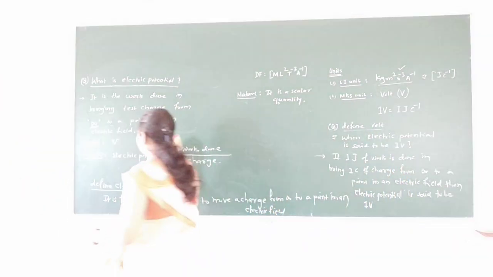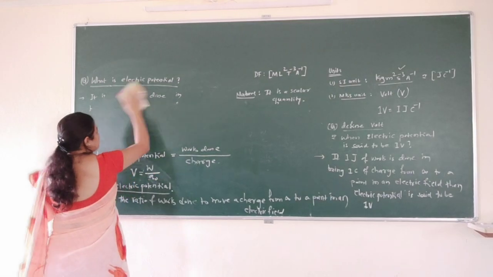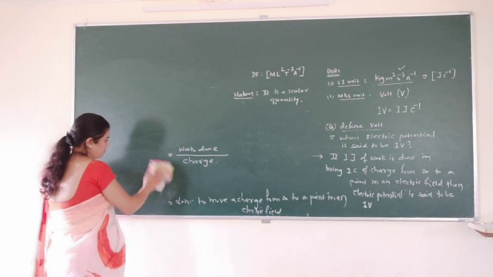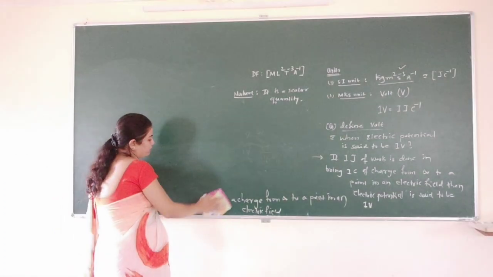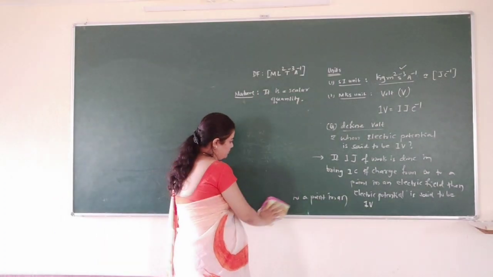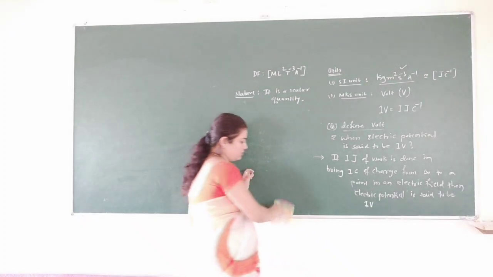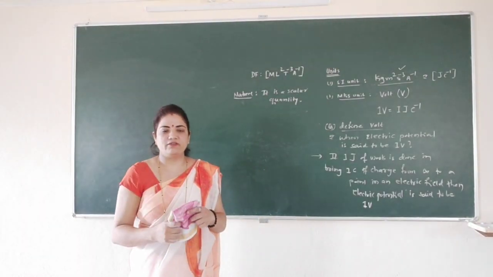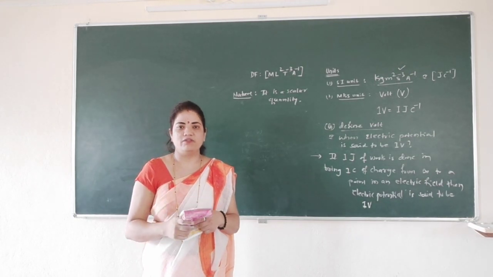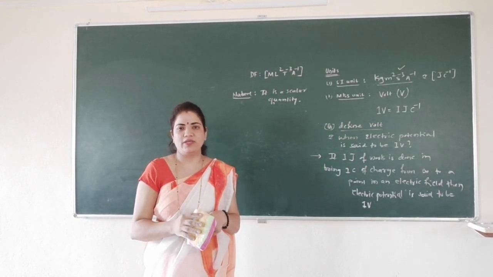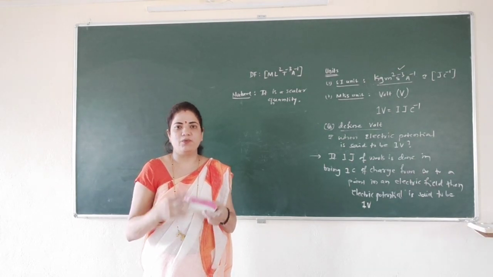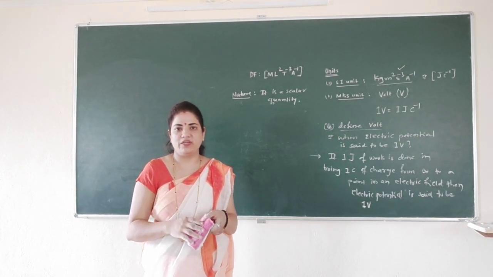Okay. Next concept, potential difference. Potential only, but difference. Potential difference, energy difference. So, my energy is different, your energy is different. Each and every person is having a different amount of energy. Like that, we bring charges from infinity to different points in an electric field.